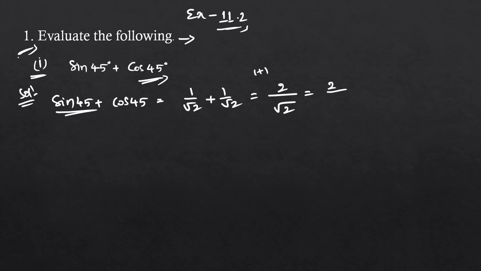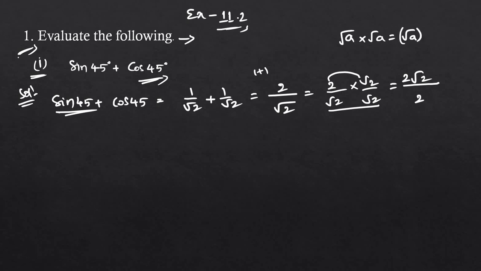If we multiply and divide by root 2, the numerator becomes 2 root 2, and the denominator root 2 into root 2 is 2. The 2s cancel, and the answer is root 2.